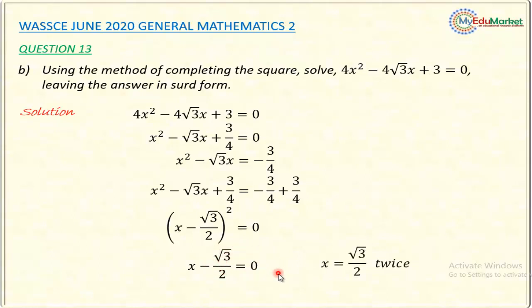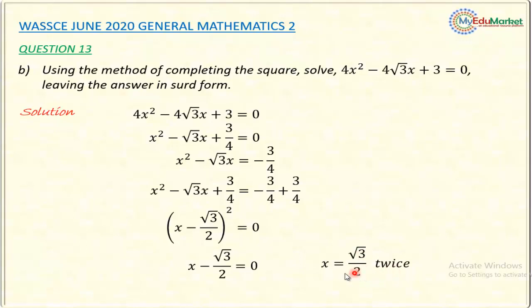There I have x equals root 3 all over 2. So minus, if it crosses, it becomes positive. A quadratic equation is supposed to have 2 roots always, but this has only 1, so that is why we have to write it twice. So x equals root 3 all over 2 twice. These are the roots of this quadratic equation.